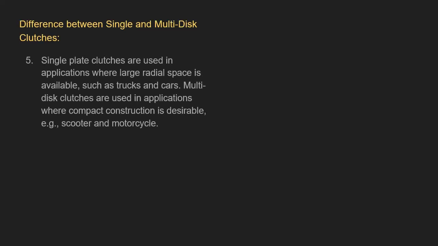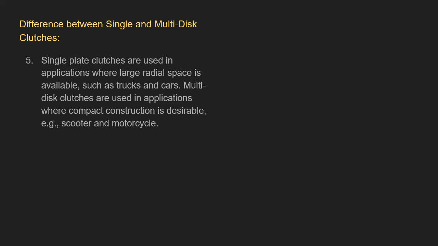All right, the final difference is with regard to applications. You can say that the single plate clutch, because it is dry and can transmit more torque, is used where there is enough space for it.